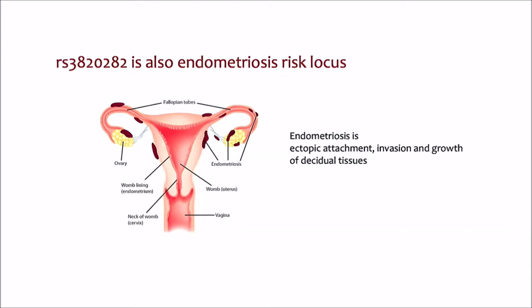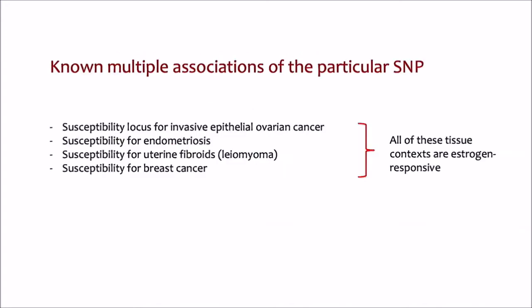But what happens with endometriosis is that they can attach again, in the peritoneum, on the outer side of the fallopian tubes, around the ovaries, and they can actually react then to estrogen in cycles, grow, and that's very painful. So that's what endometriosis is.